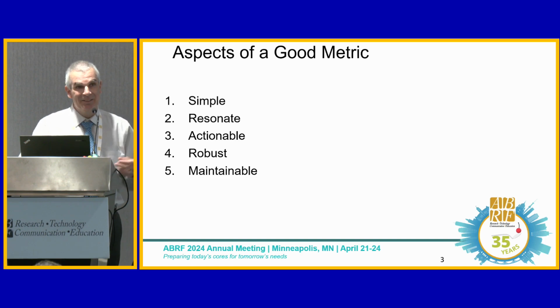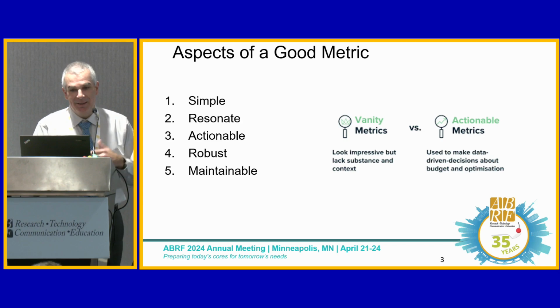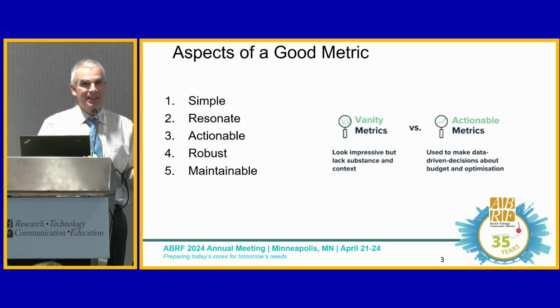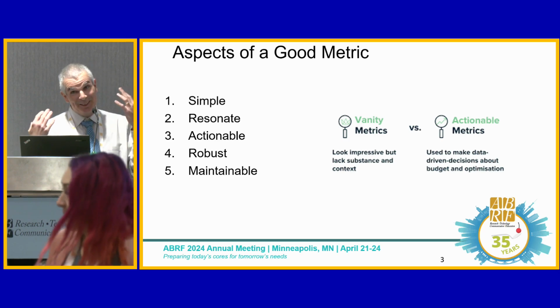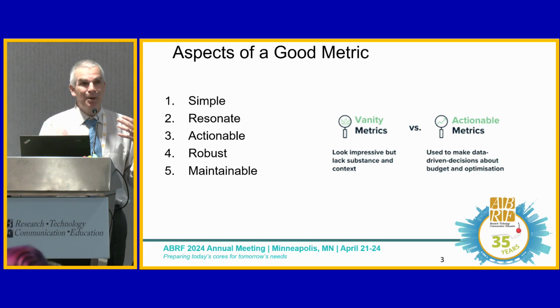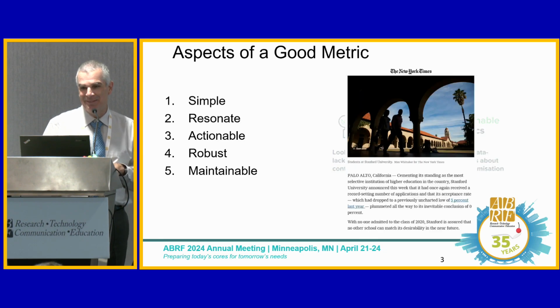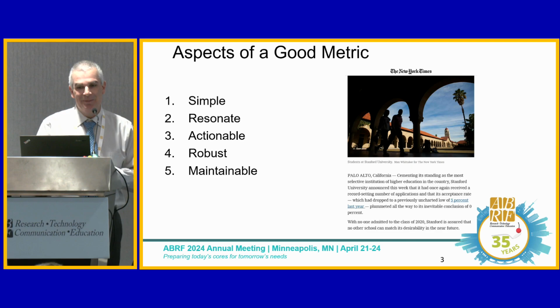And so I think about this idea of vanity metrics, right? So maybe the 248 billion hamburgers sold starts to fall into that mode versus actionable, right? You need to look at what the metrics are doing for you, and how they work. One of my favorite ones is a New York Times article on Stanford's acceptance rate.